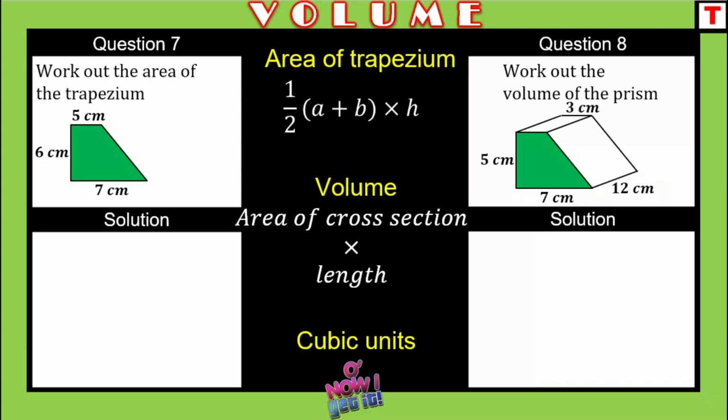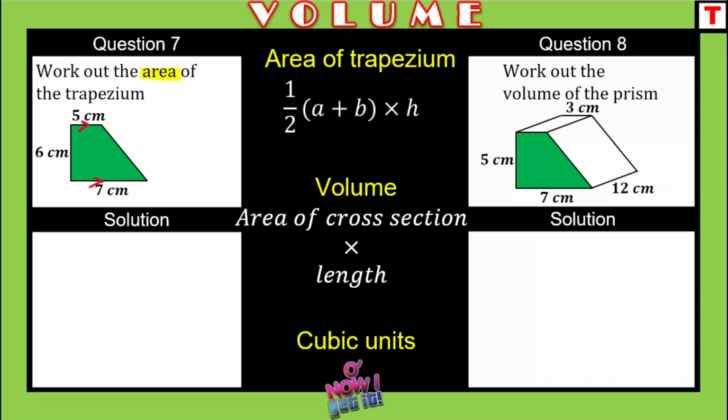Here we have a trapezium, and we're being asked to find the area of the trapezium. When we're finding the area of the trapezium, this would be the formula. As it relates to this formula, the A and the B have to do with the parallel sides. So that's the first step that we're going to be making, and you usually see arrows on the parallel sides.